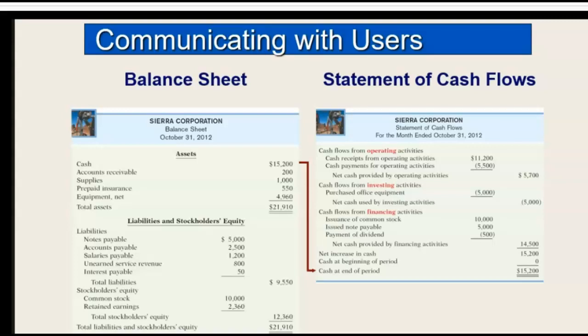You see that as a liability over there. And I have paid them a dividend of $500. So when it's cash out, we bracket it. It's negative. We totaled that, it's $14,500. We had no cash at the beginning of the month. We now have $15,200.